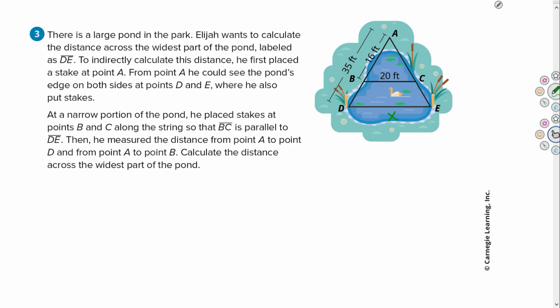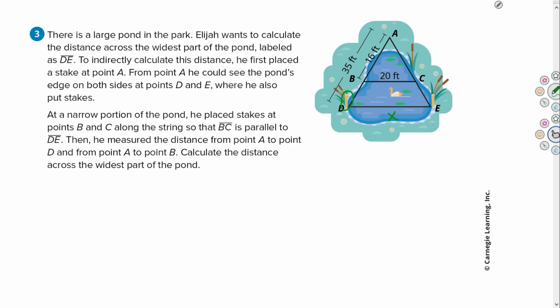To indirectly calculate this distance, he first placed a stake at point A. From point A, he could see the pond's edge on both sides, at point D and E, where he also put stakes. We put stakes at A, D, and E. These are the stakes right here.